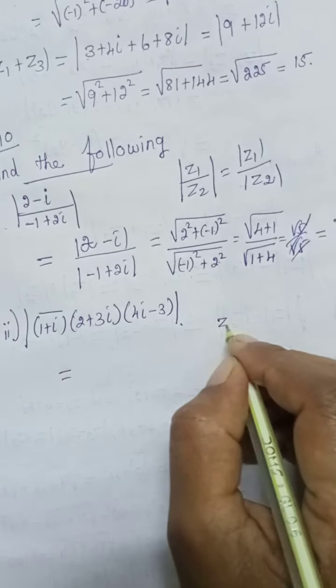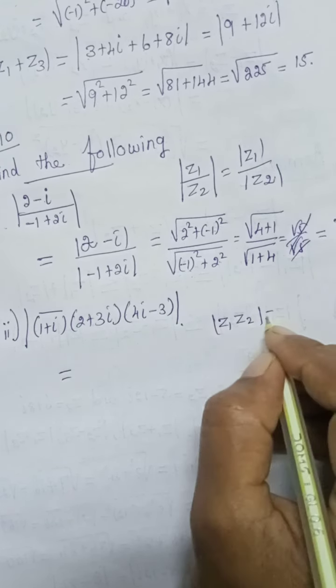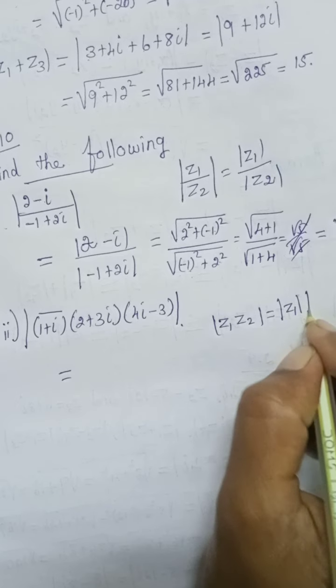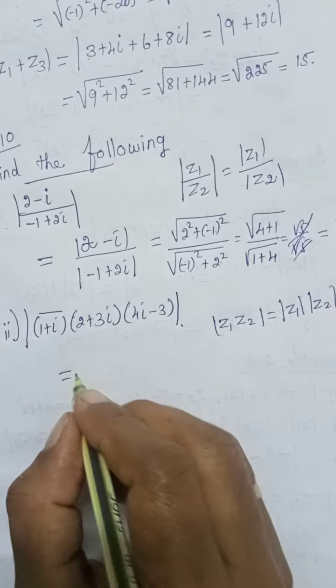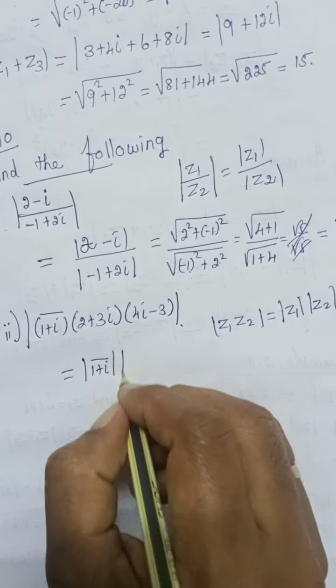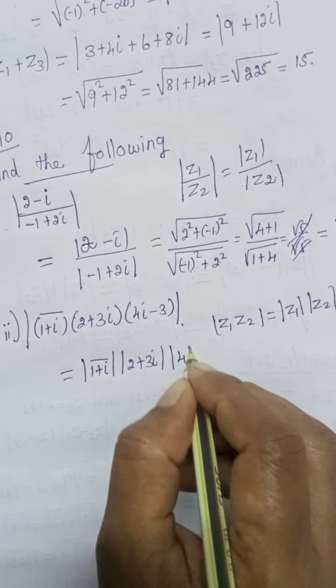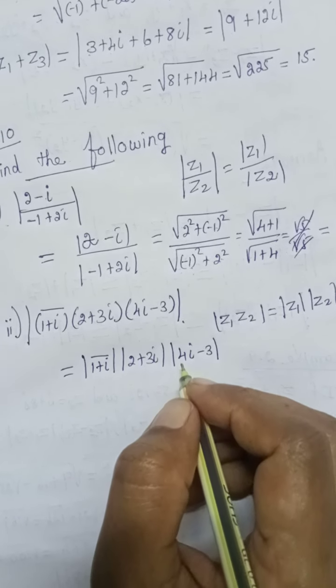See, modulus of Z1 into Z2 is equal to modulus Z1 into modulus Z2. So shall we separate it? That is modulus 1 plus i bar into modulus 2 plus 3i into modulus 4i minus 3.